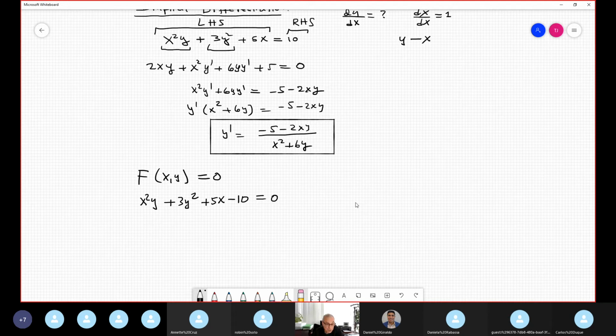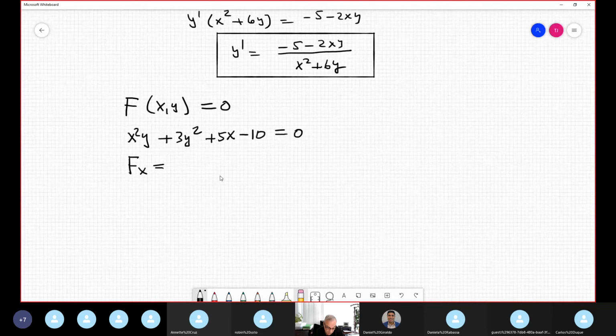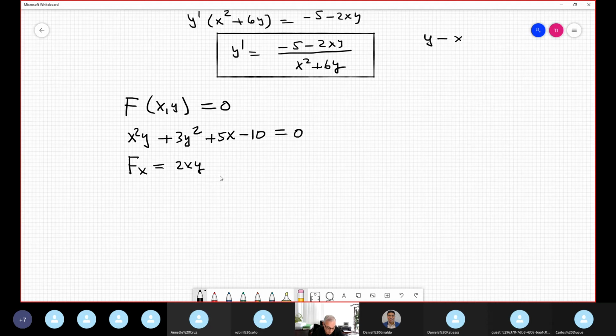Yeah, I compute, why not, the famous partial derivative of this function with respect to x. So now, multivariable, partial derivative, new thing. In Cal 1, you consider the connection between y and x. In this case, no: partial derivative. The derivative of this is 2xy. The derivative of this with respect to x is 0.